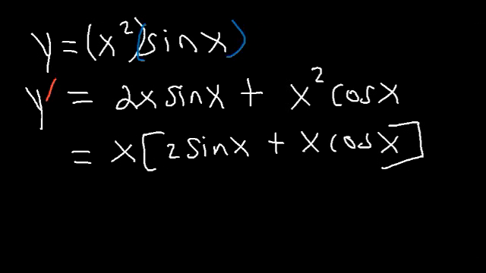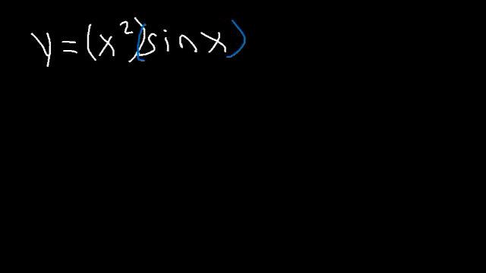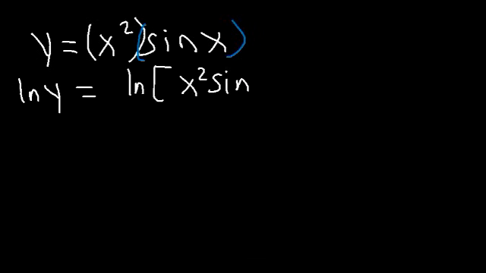Now let's see what we're going to get if we use logarithmic differentiation. So let's take the natural log of both sides. Now, using the properties of logs, we could separate the x squared and the sine x by writing two natural logs separated by addition.